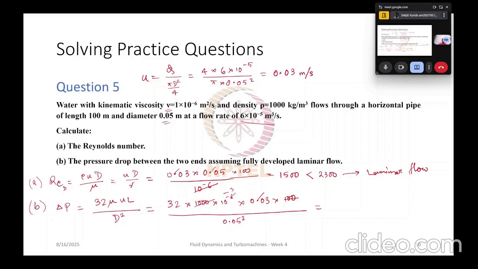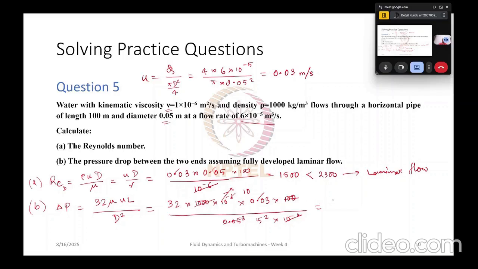And down here, I can call this 5 squared into 10 power minus 4, which if it goes up becomes 10 power 4, and I can multiply these two and get a 10.